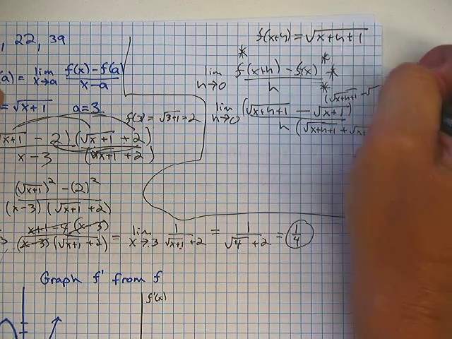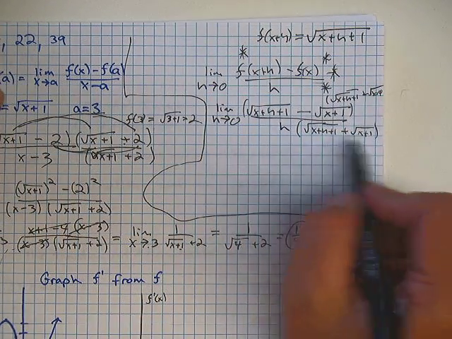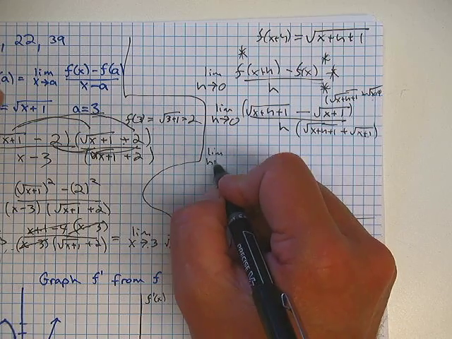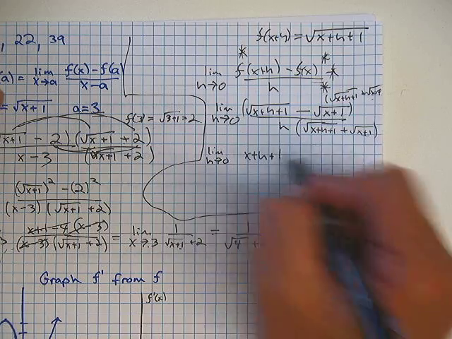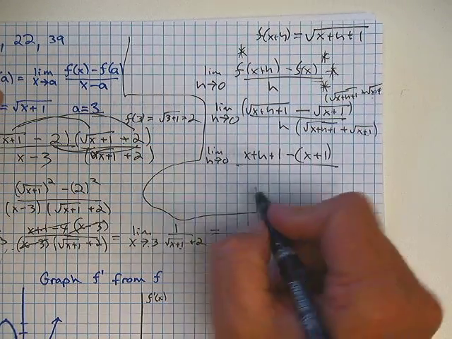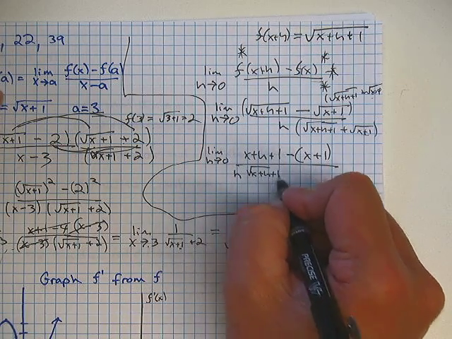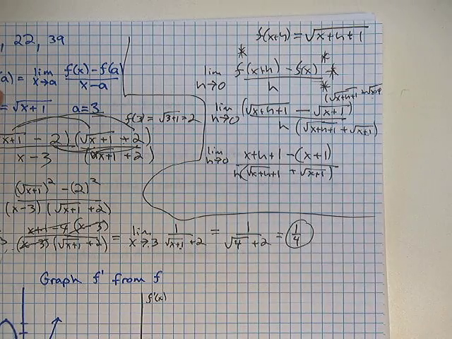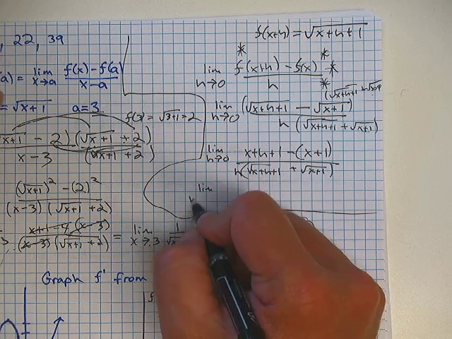On the top and on the bottom, square root of x plus h plus 1 plus square root of x plus 1. You can't see that right there, but it's just this up in the top. So that's going to FOIL out, and we're going to get the limit as h approaches 0. This times this gives us x plus h plus 1 minus x plus 1, all divided by h times square root of x plus h plus 1 plus square root of x plus 1.